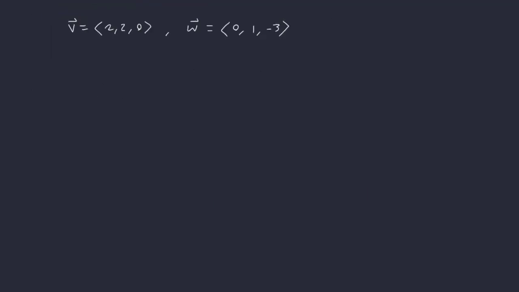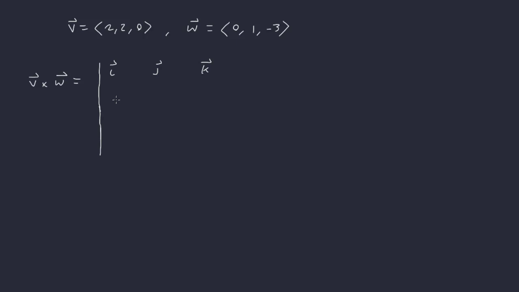Let's say I want to find the cross product of V, which is 2, 2, 0, and W, which is 0, 1, negative 3. Okay, so V cross W. I'm going to set up the cross product calculating matrix here. I'll have I, J, K in my top row.